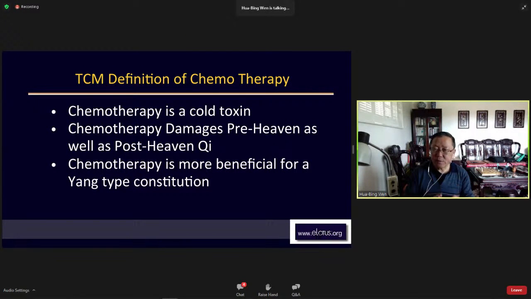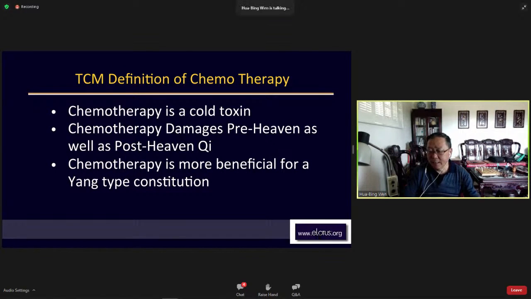But everybody's different. Who can benefit better, meaning has fewer side effects from the chemo? If you have a yang type of constitution, what is the yang type of constitution? Mao yang, Mao qi, and you could have that, right? So they can tolerate chemotherapy better than the others.